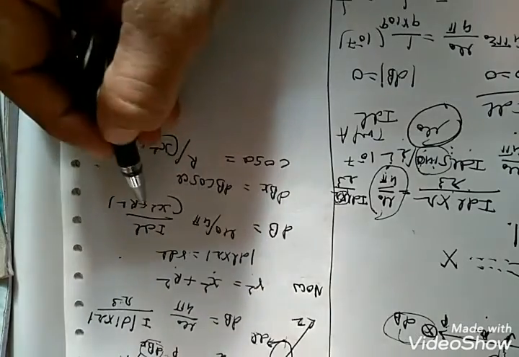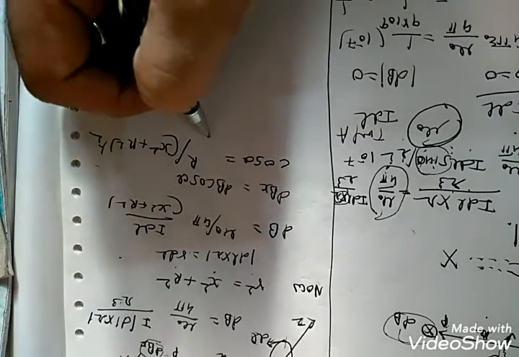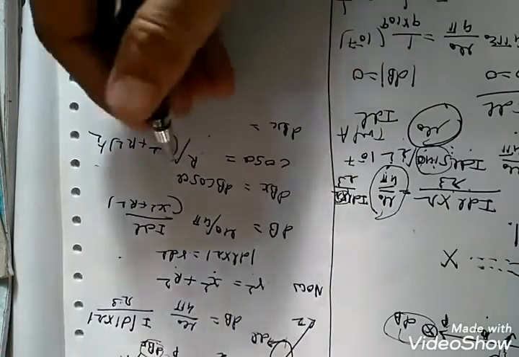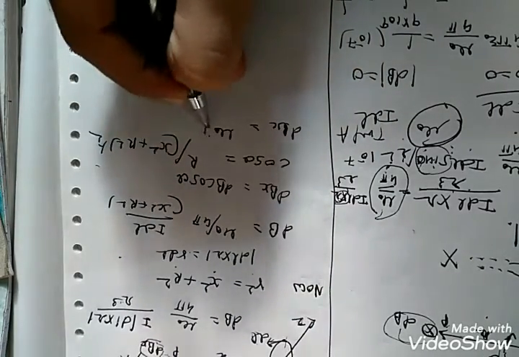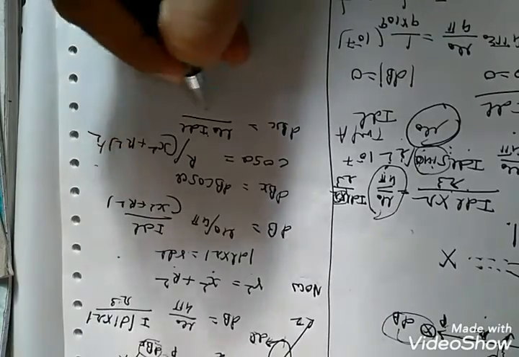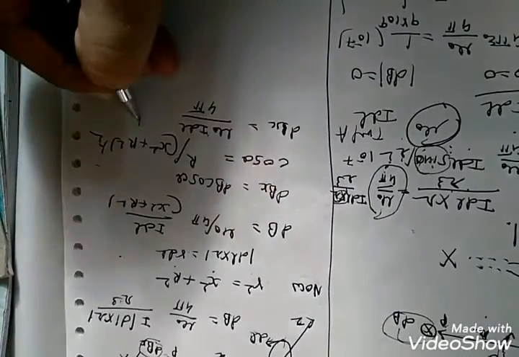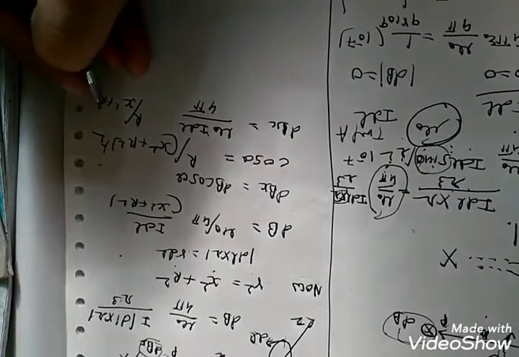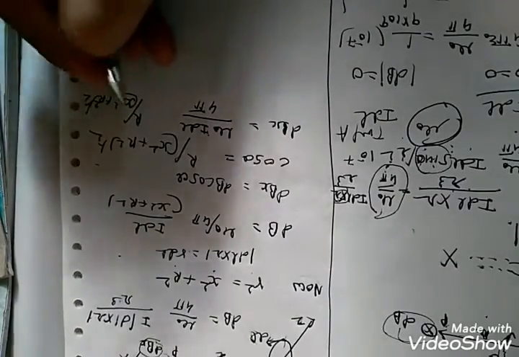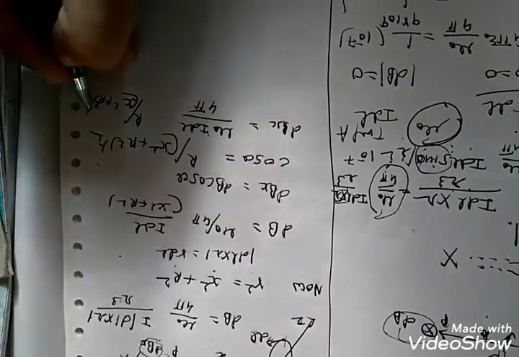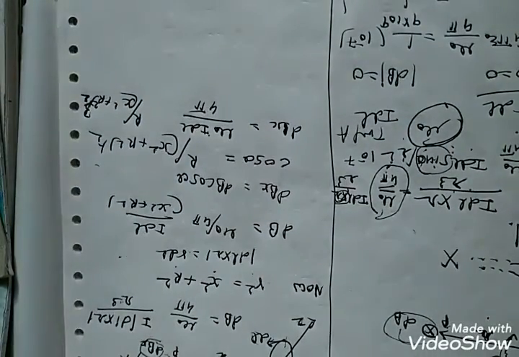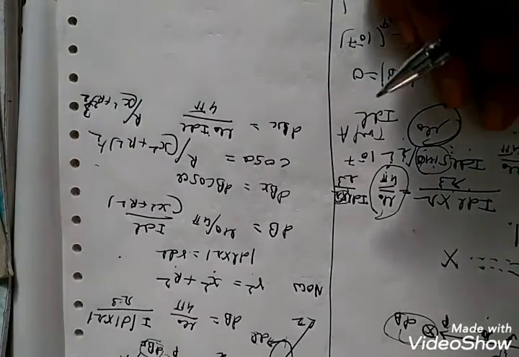Now from this equation and the next equation, dBx is equal to mu 0 I dl R upon 4 pi, x square plus R square all raised to 3 by 2.